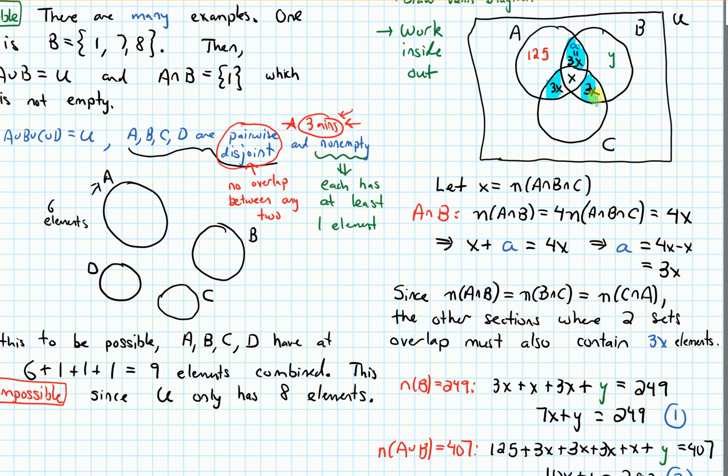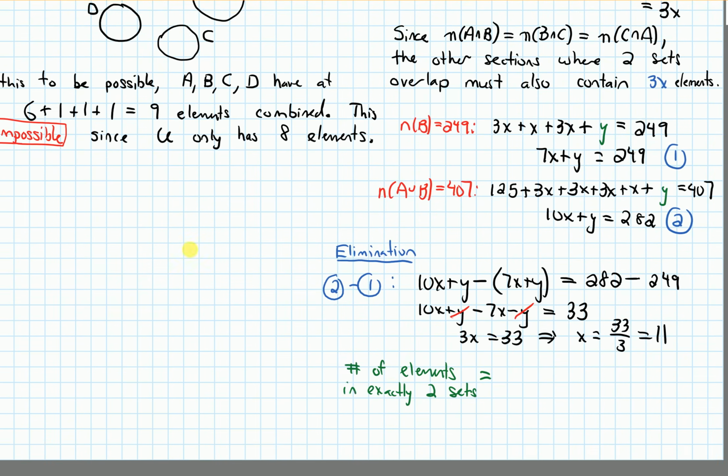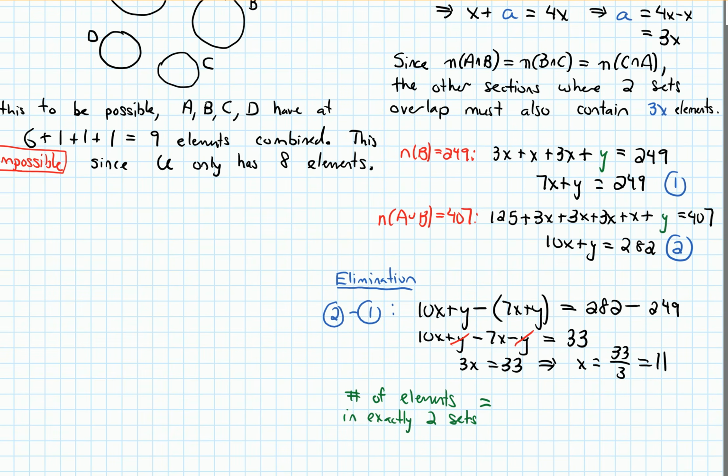Each of those regions is in exactly 2 of the sets. So I've got to add up 3x plus 3x plus 3x. So the number of elements in exactly 2 of the sets is 3x plus 3x plus 3x, which is 9x. And if I plug in 11 for the x, we get 9 times 11, which is 99. And that's our answer.